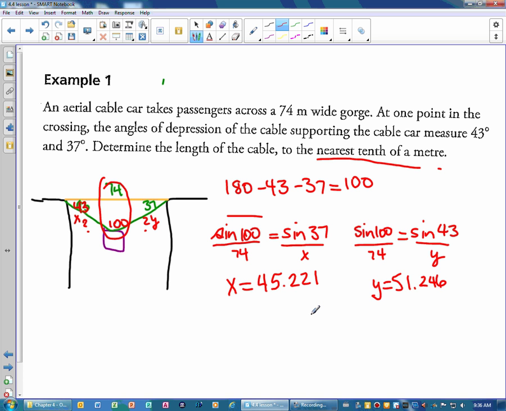Add them together, I get 96.467. So to the nearest tenth, the wire is 96.5 meters. Okay, I think you can handle that. You've done questions like that before. I don't think that one should cause you too much grief.